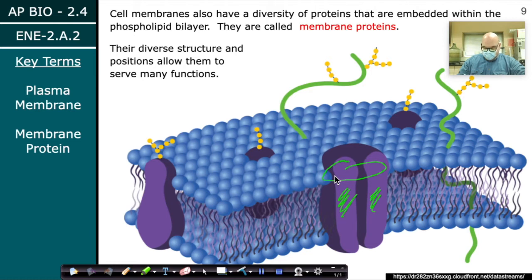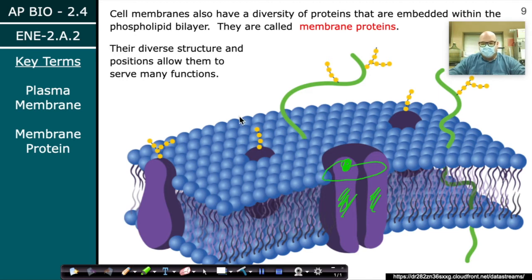Would this be a hydrophobic or hydrophilic area up at the top? That's going to be a hydrophilic area, and this area might be hydrophobic. So there's different ways we can structure these proteins so they point the right way, so they do the right job.